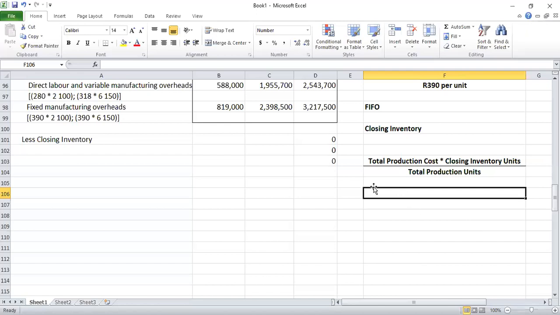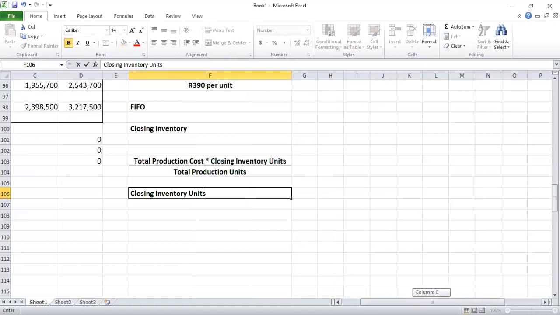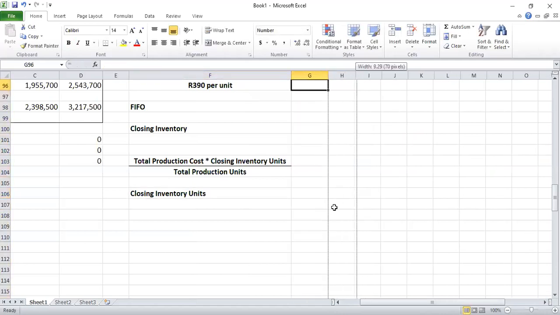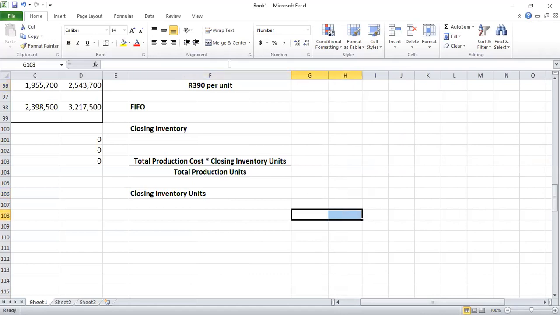So maybe we need to know how much are the closing inventory units first. I think we did that in the first question. I calculated the closing inventory. We're going to do that in the same way. We're dealing with units.